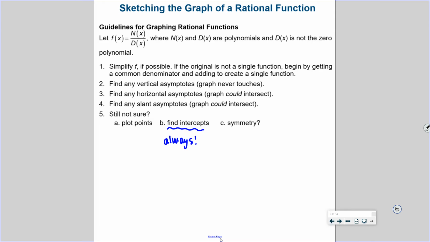One other thing, sorry, I want to point out, I just looked at my notes. If the original is not a single function, like as an example, if you have something that looks like 1 minus, meaning it's not one single term, part of simplifying that is you do want to rewrite it as one. So what I would need to do there is make common denominators, make that x plus 5 over x plus 5.